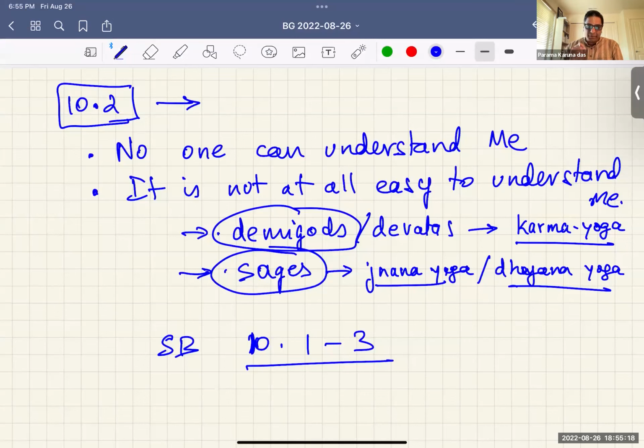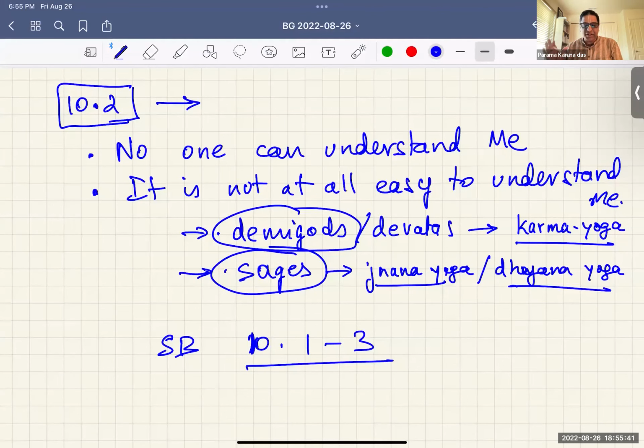So those who think I am a human, manushim tanum ashritam, we have covered this, they are mudhas, they are avajananti, they don't know anything. So Lord Krishna is saying that is the prabhavam which people get confused about. They think I am just like a human being. And they don't know my leelas, they don't know my mysteries, they don't know who I am in essence.